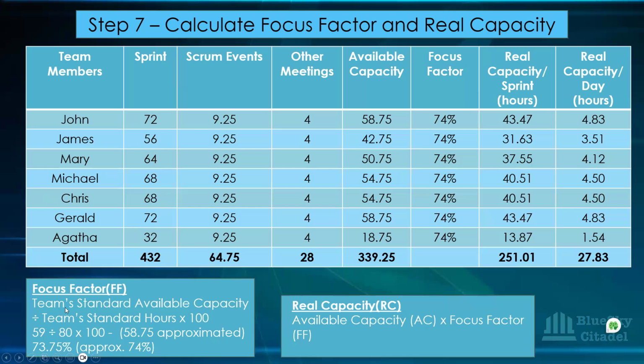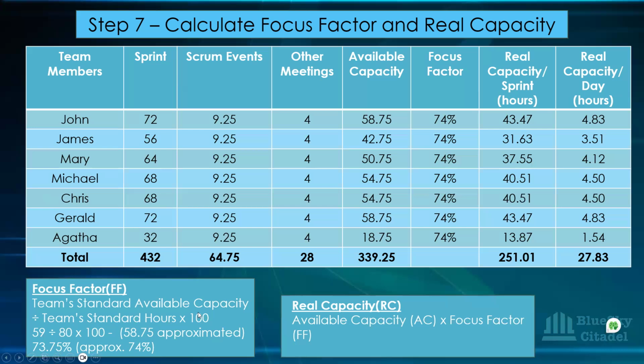So the focus factor is the standard available capacity divided by the team's standard hours, times 100. So you're using the available capacity to divide the standard time. The standard hours is 80, isn't it? And then multiply by 100. So let's assume that there was no bank holiday.